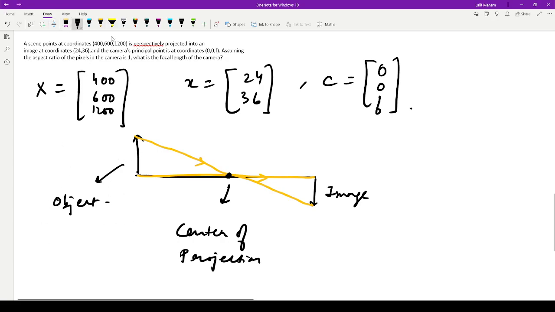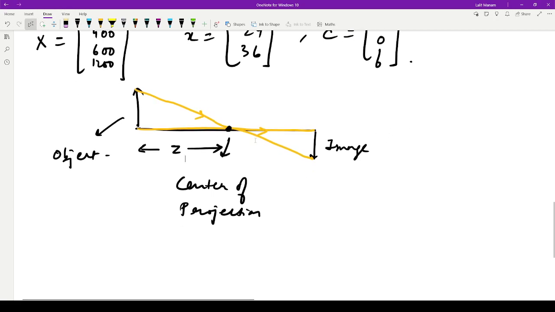So given that we have this question, we'll first solve the question and then move to the pinhole model so that we understand why the perspective projection even makes sense. Okay, so a scene point coordinate is this. There are some basic assumptions out there.